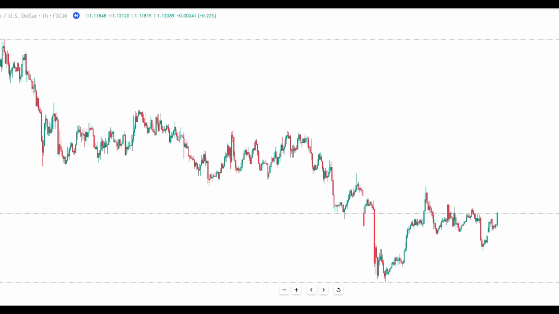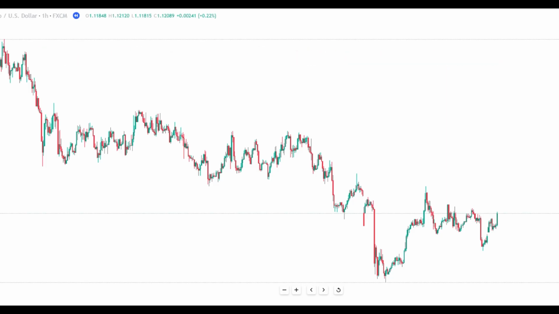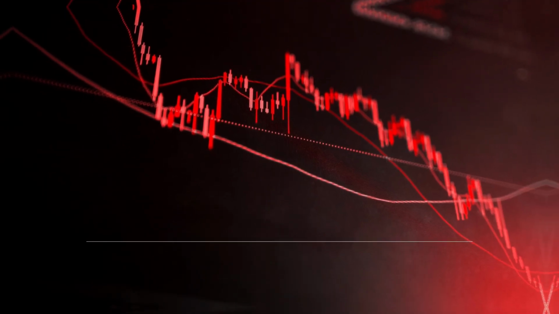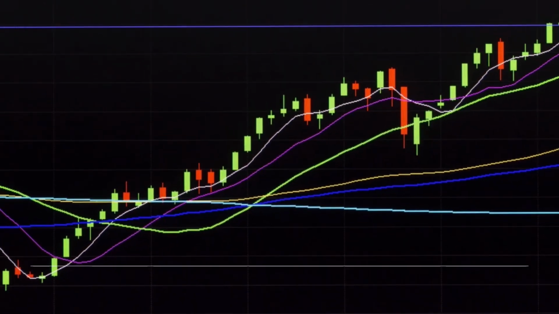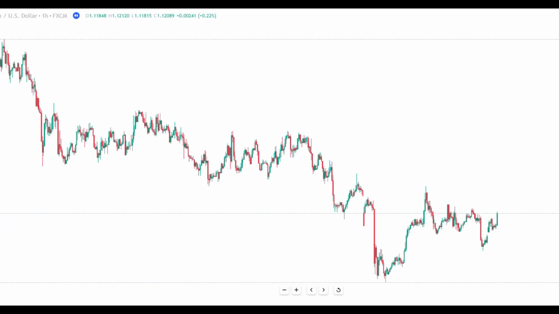This is literally called the break and retest trendline strategy. Now, it works best in trending markets. If the market is trending downwards, you can get a potential move for that. Or if it's trending upwards, you can get a high probability setup with this. Now, this does not work in a ranging market.